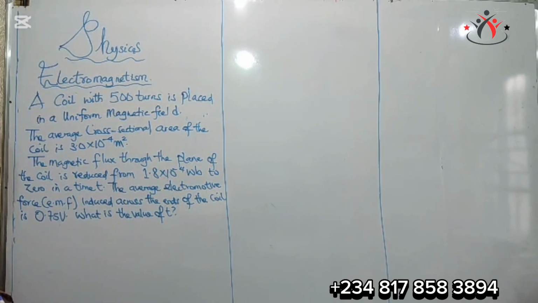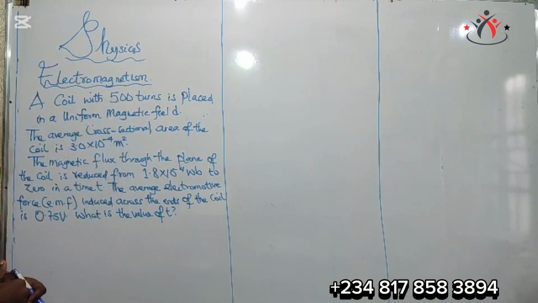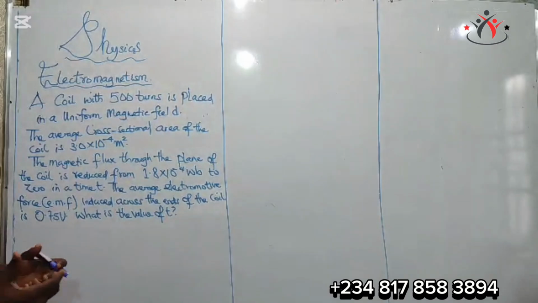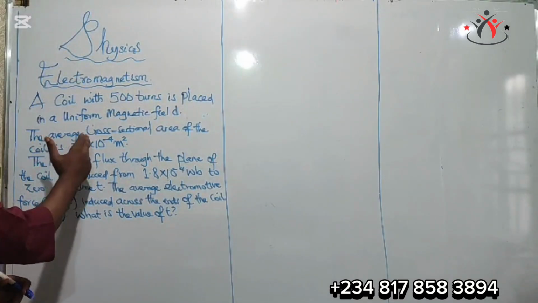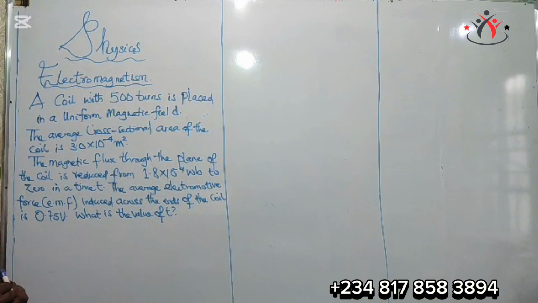The question we have is: a coil with 500 turns is placed in a uniform magnetic field. The average cross-sectional area of the coil is 3.0 multiplied by 10 to the negative 4 square meters.